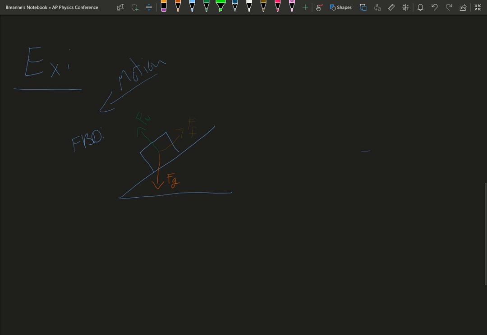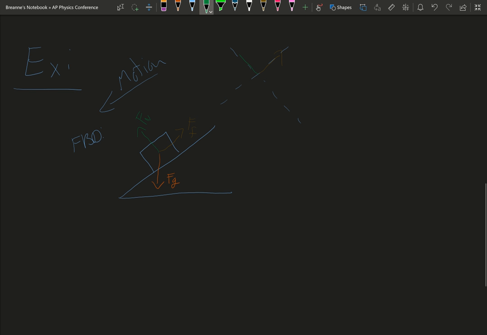But remember, frame of reference is relative. You can change your frame of reference. So we're basically going to tilt our head. We're going to change our frame of reference so that our x goes with the surface, and therefore our y goes down, because it has to be a 90-degree angle. So if we put our forces now on the x and y plane, our force of friction, we don't have to change.